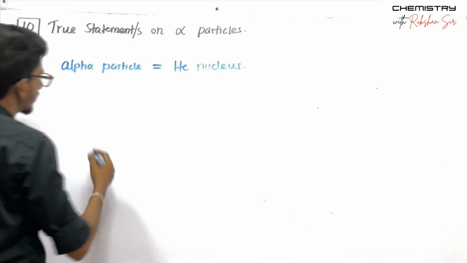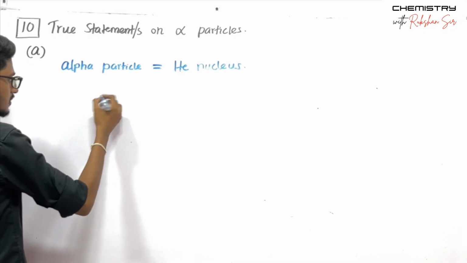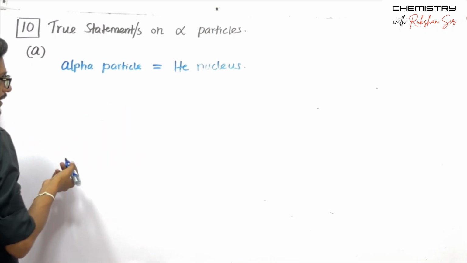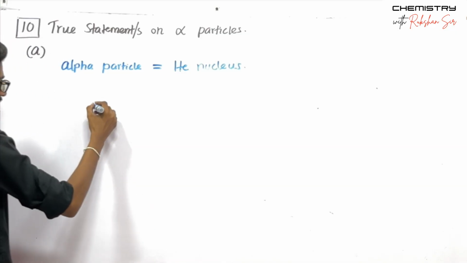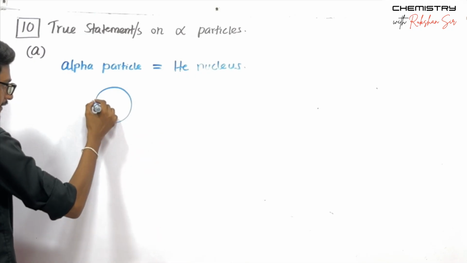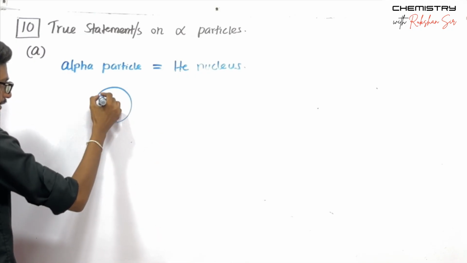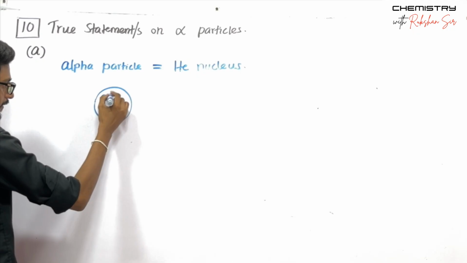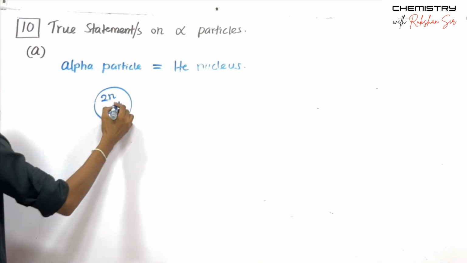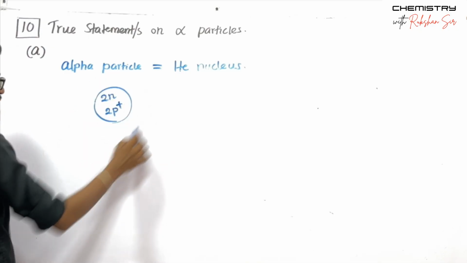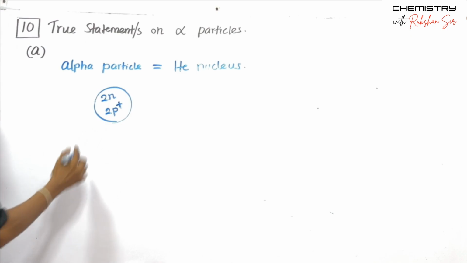Helium nucleus means what? The helium atom is with 2 protons and 2 neutrons, so the helium nucleus is also with 2 neutrons and 2 protons. When it comes to the helium atom, you have 2 electrons as well. This is the helium nucleus.